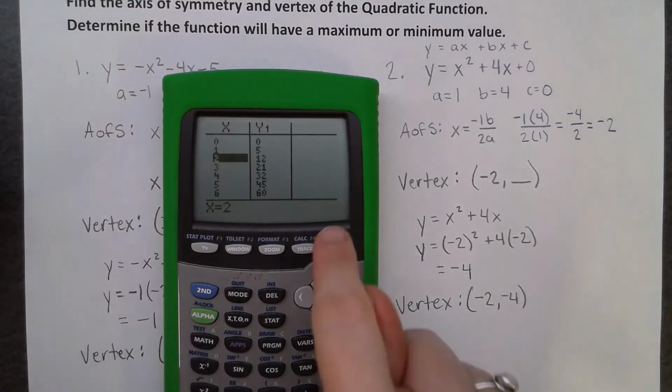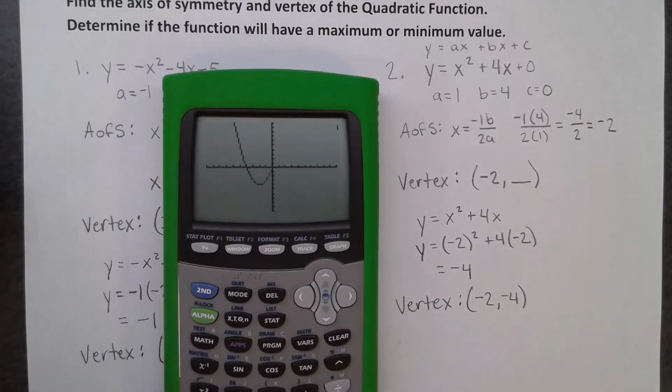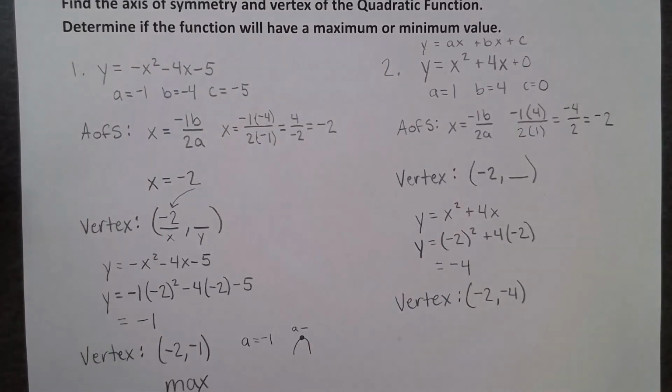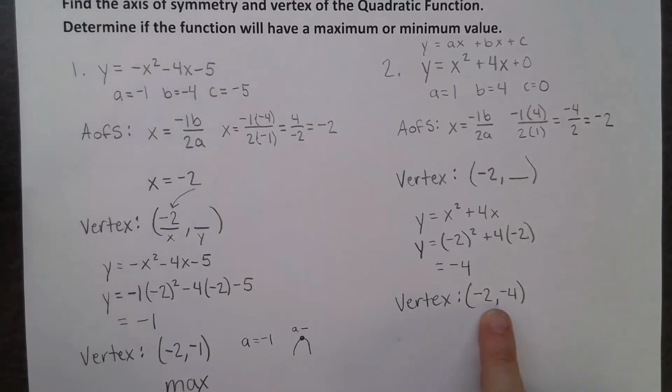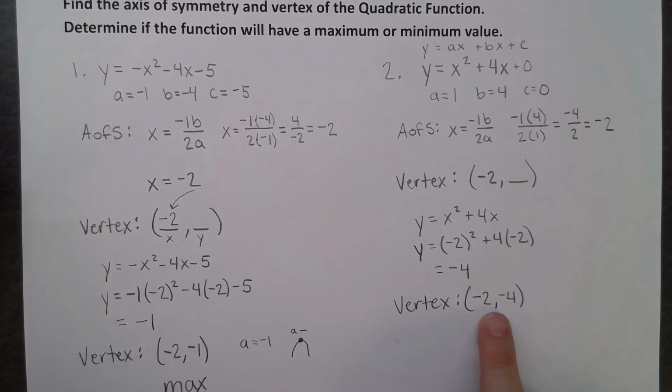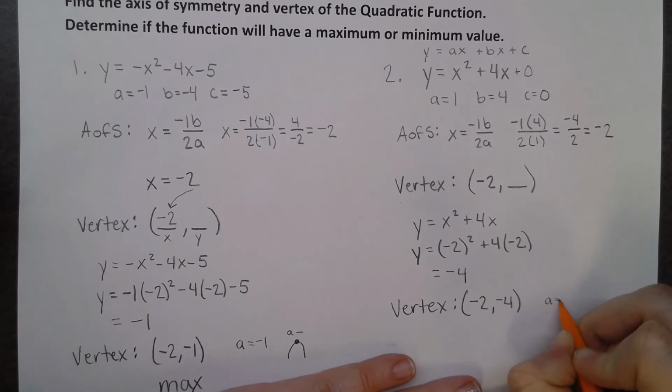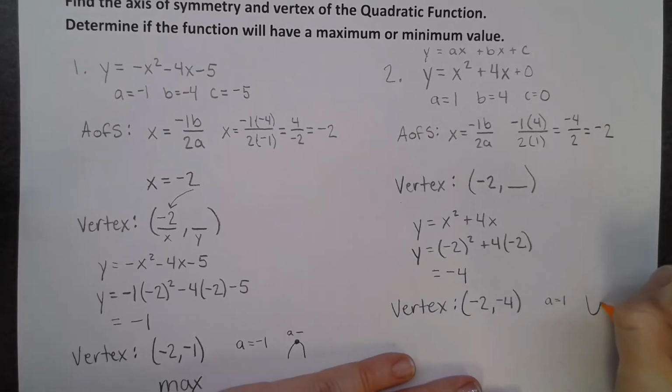You could even hit the graph button and actually view the graph, but that's a little bit harder to see that vertex point. Let's go ahead and determine if this point will be a maximum or minimum. So looking at our A value, it is 1. So that means it's our smiley face. That A is positive.